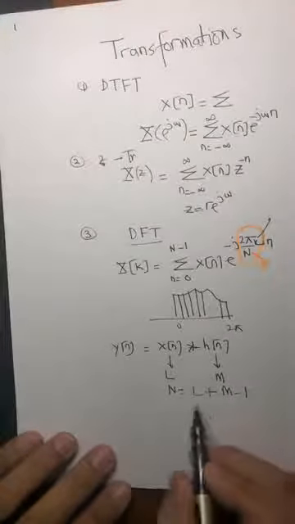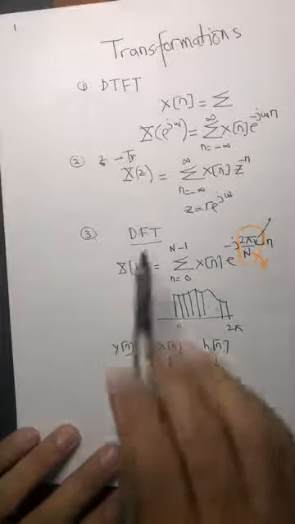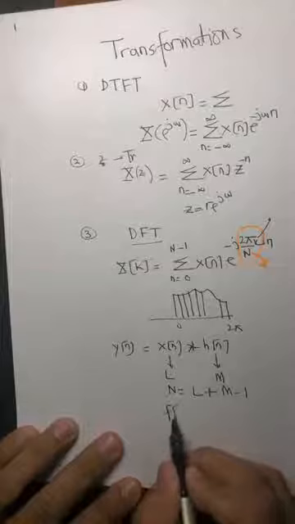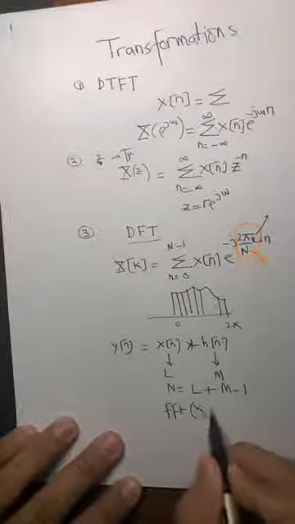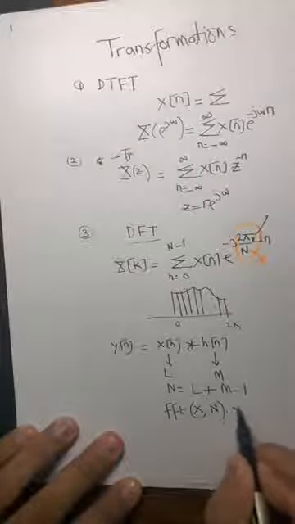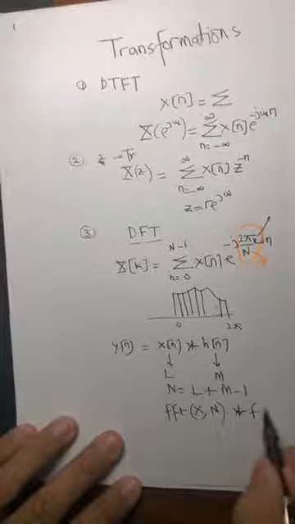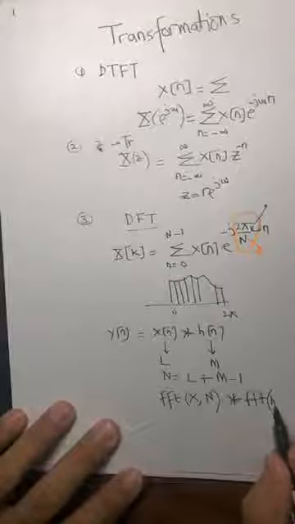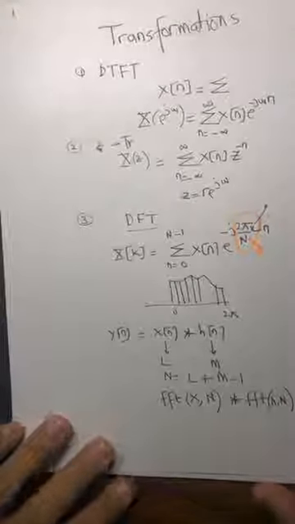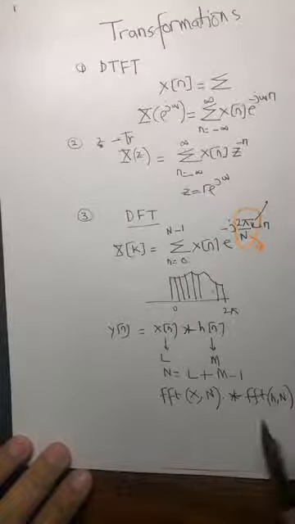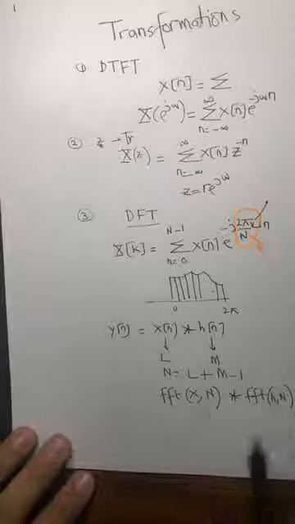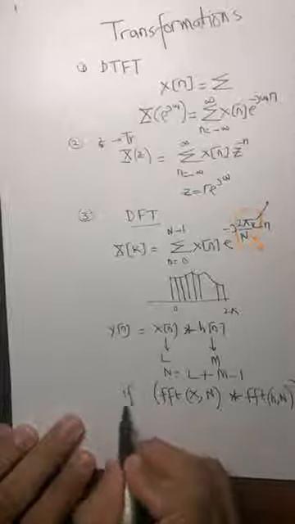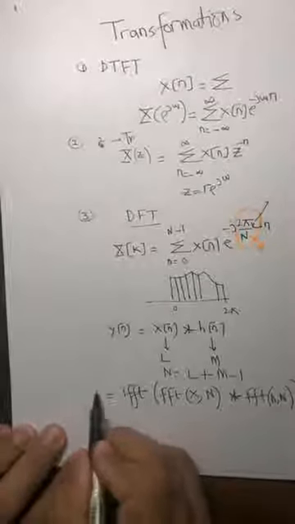So you can use the DFT to calculate this convolution, provided that when you take the DFT of x it is an N point DFT, and then you dot multiply, and when you take the FFT of h it should also be N point. The trick is very simple: you need to make sure that you are calculating N point DFTs, and then you take the inverse fast Fourier transform and you get the answer.